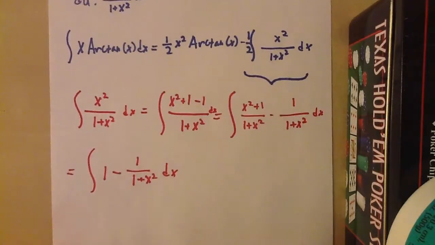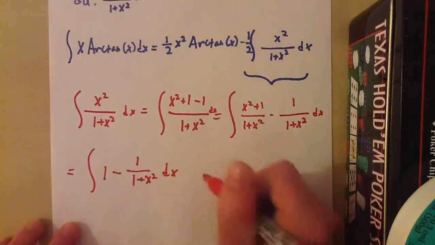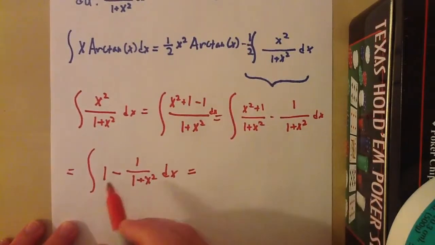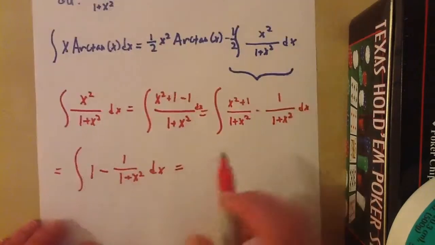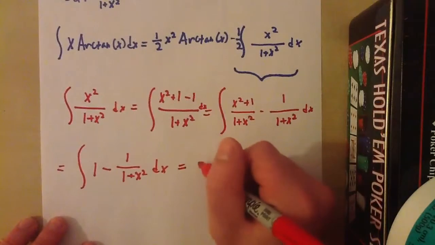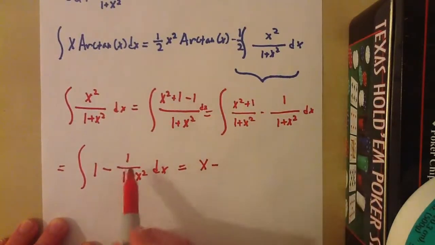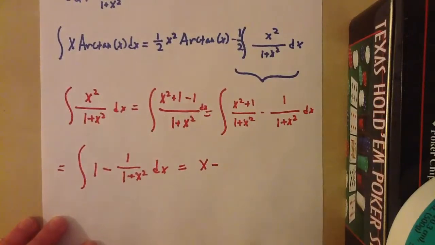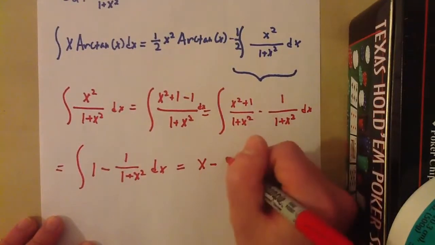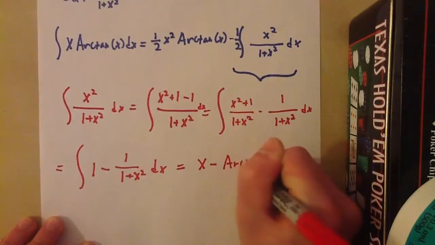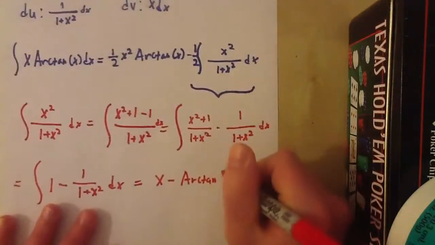And this is a lot easier to integrate. Well, the integral of 1 is just x, and the integral of 1 over 1 plus x squared, we know that is arctan of x.